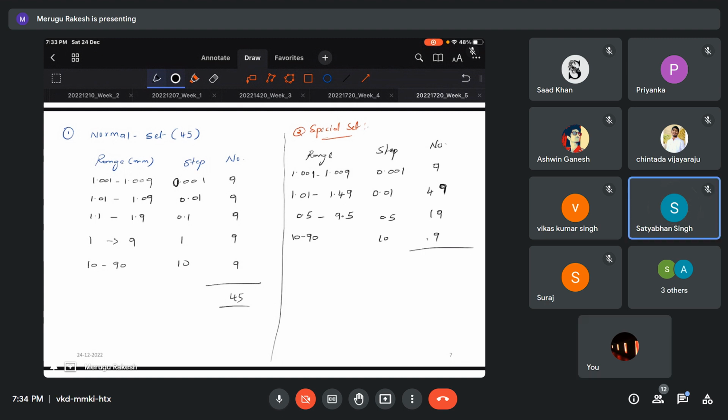86. But the set is 88. So we'll have 86, then we will have 100, and then we'll have 1.00.